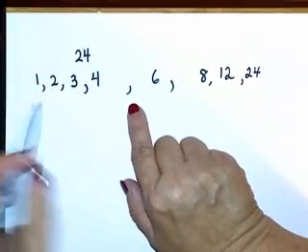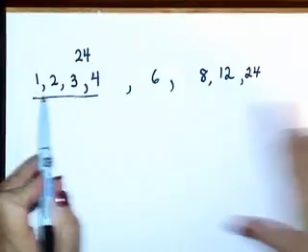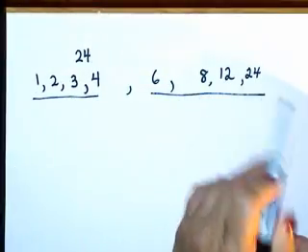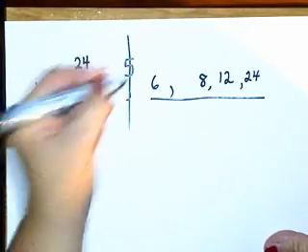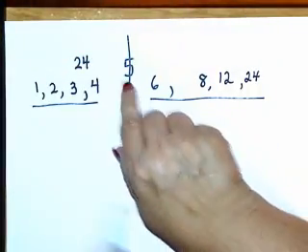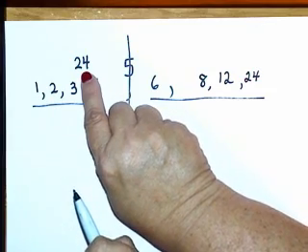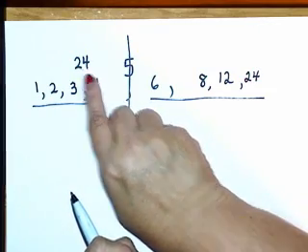Now, notice right here, you've got 4 numbers down here, 4 numbers up here. When we look in here, the only thing that could be in the middle is 5. And 5 won't divide into 24 because it doesn't end in 5 or 0.